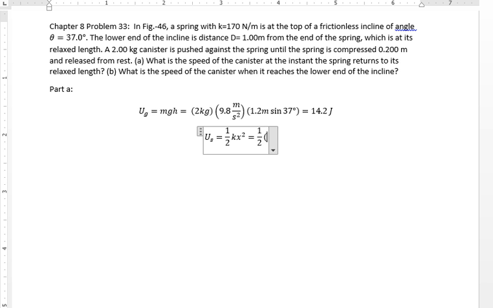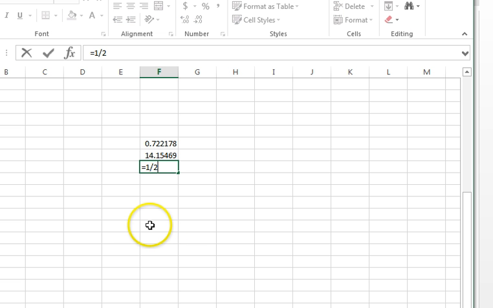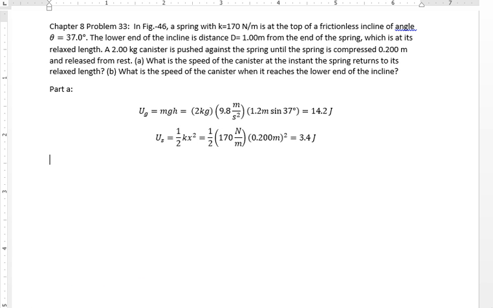In this case, this is 1/2 of 170 newtons per meter times x, which is 0.20 meters, squared. That's the linear distance that we moved the spring along its length, 0.2 meters. So 1/2 times 170 times 0.2 squared is 3.4 joules. So the total stored energy at the beginning of the problem is going to be 17.6 joules.